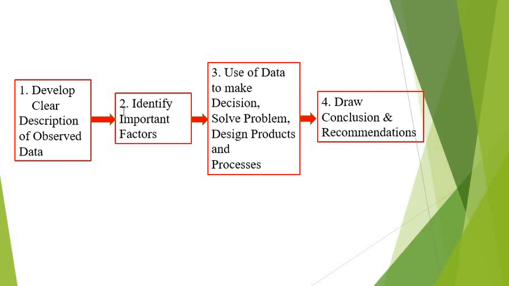Step two would be to identify the important factors. Once you have identified the important factors, you will use the data to make decisions, solve problems, design products and processes, and ultimately draw conclusions and recommendations.